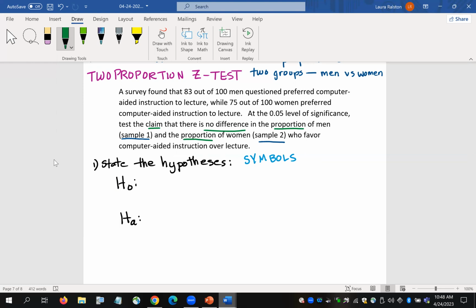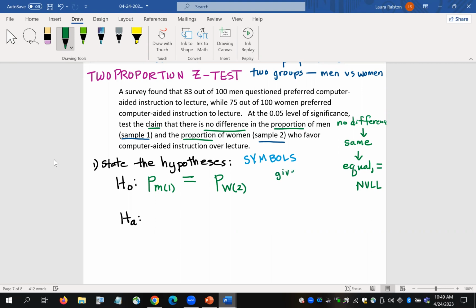No difference, in my mind, implies they're the same, which mathematically means they're equal, which means that statement is the null. So we're saying that the proportion of men, which is sample 1, is the same as the proportion of women, which is sample 2. And that's the given.